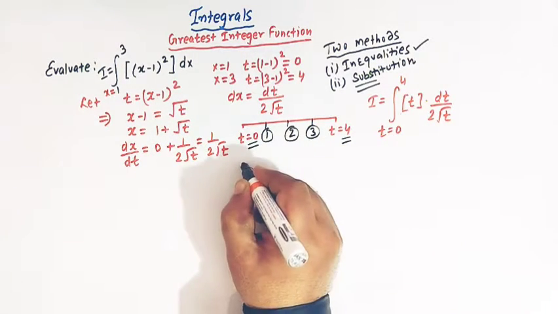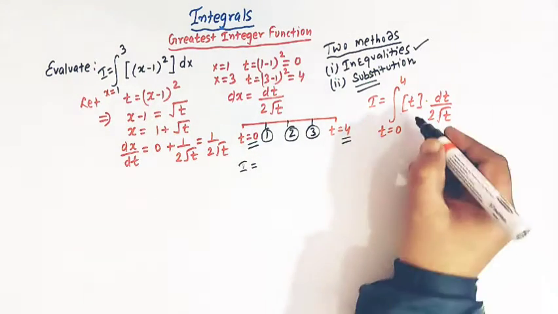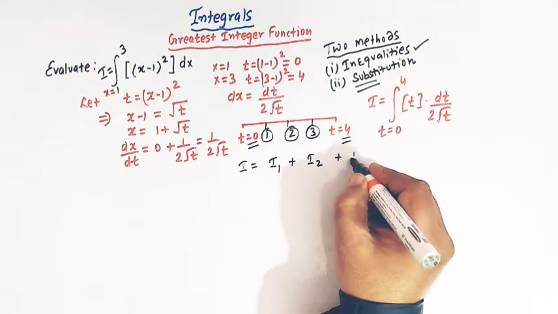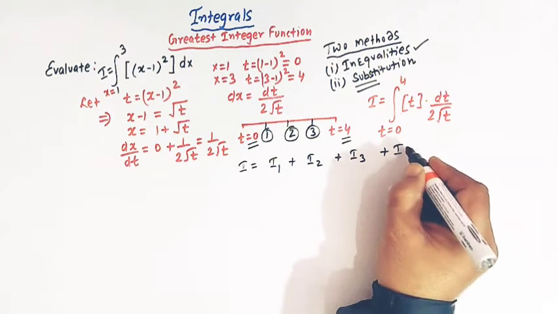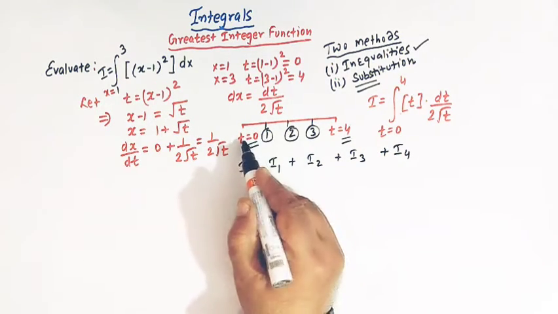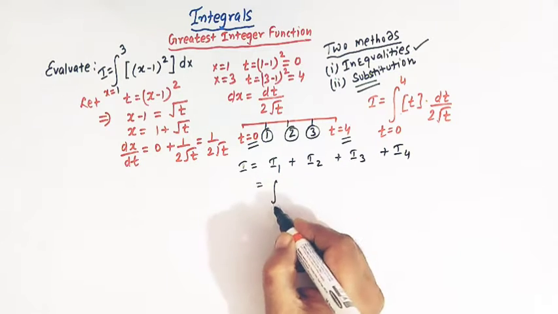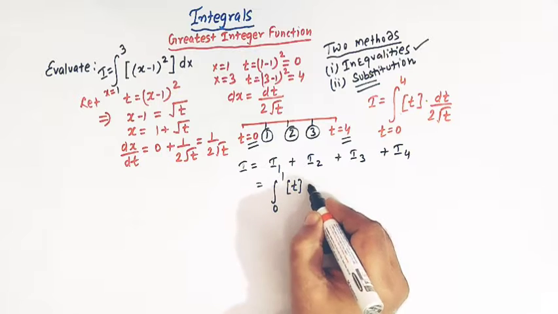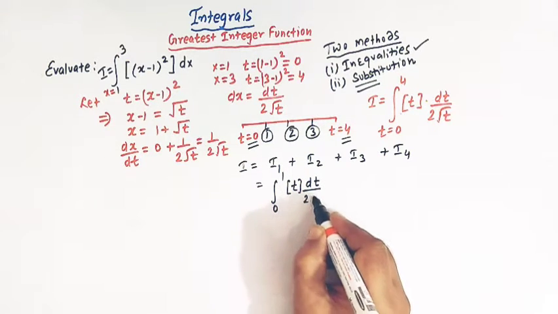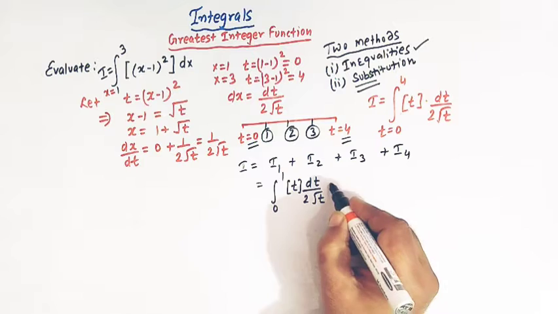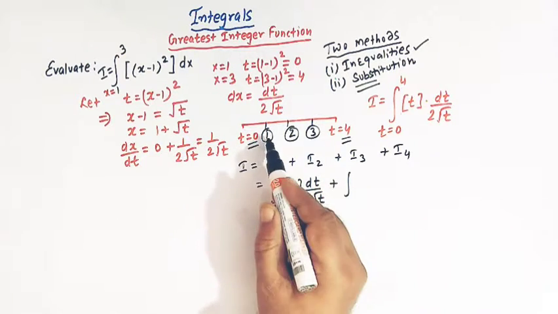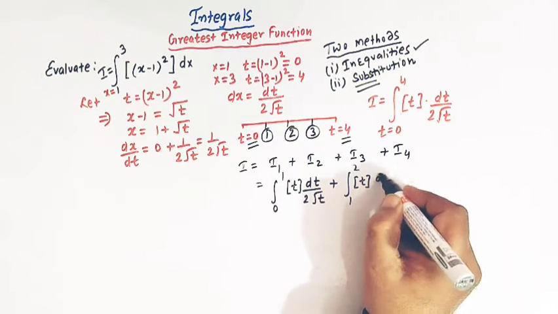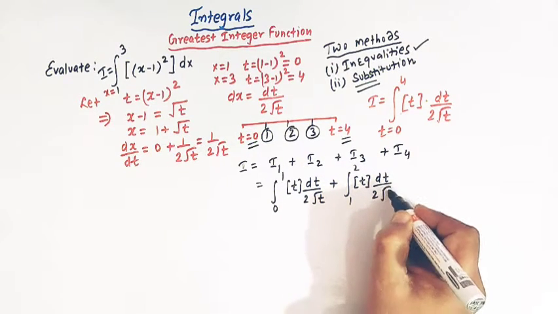Now we can write this integral I as I1 plus I2 plus I3 plus I4. The first integral I1 is from 0 to 1, with greatest integer of t dt over 2 times square root of t. The second integral is from 1 to 2, with greatest integer of t dt over 2 root t.